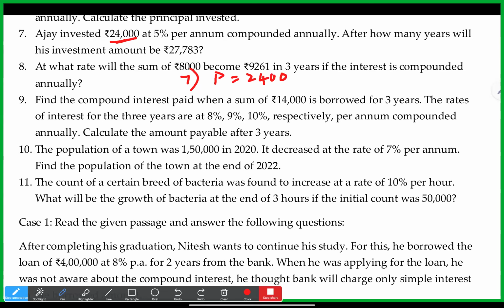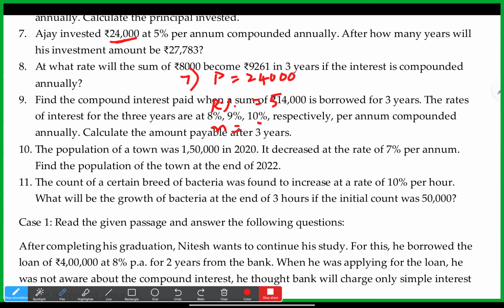The starting value is called principal. Now 5% per annum, R percent is 5. Yes, sir. Now compounded annually, they said, in how many years?